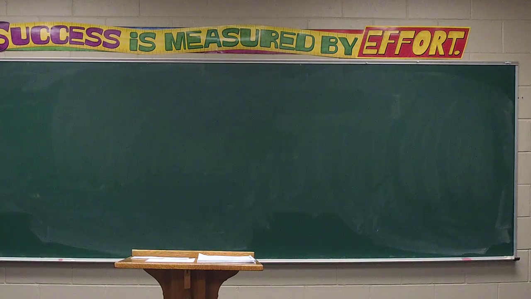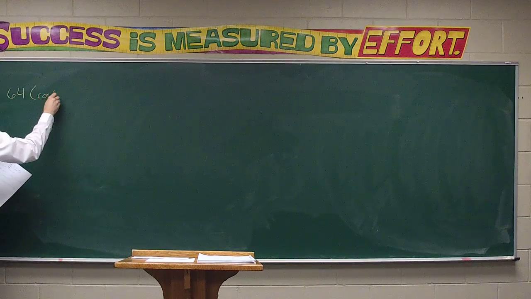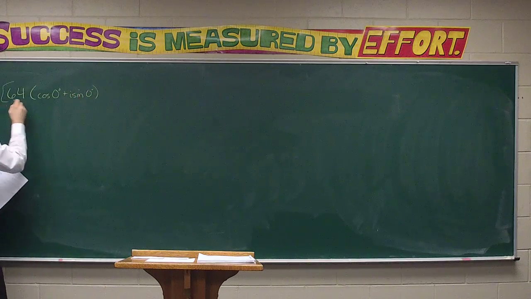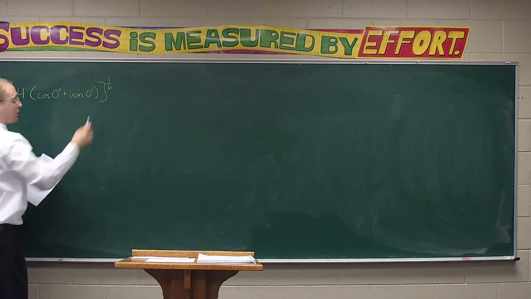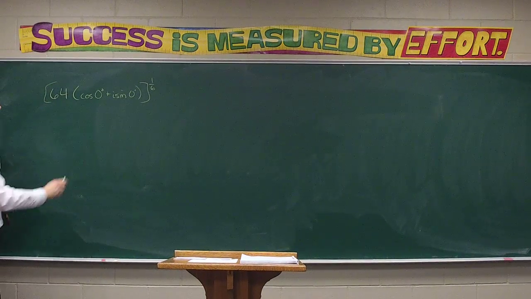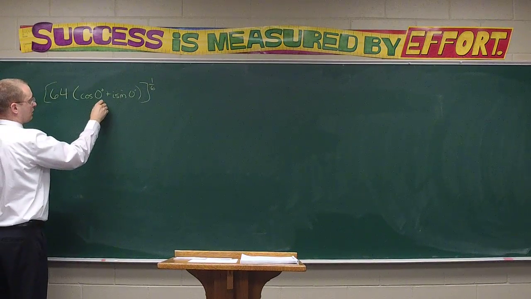You're going to have the 64 times cosine of 0 plus i sine 0, all raised to the 1/6 power. And you will repeat that with cosine of 360 and cosine 720 and so on.